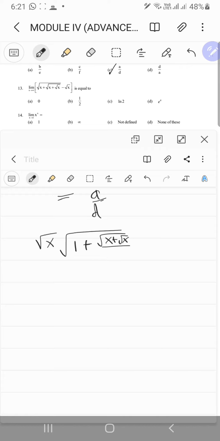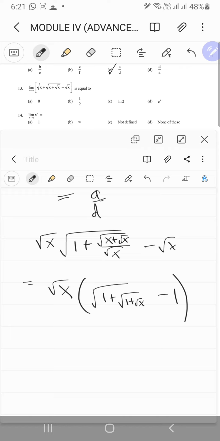Wait, is that correct? Yeah, so multiply by square root of x and divide by square root of x, so this should be correct. Minus the square root of x, which is square root of x into square root of 1 plus square root of 1 plus, so it should be 1 plus square root of x. I think that's correct. Yes. Okay. Minus 1. Okay, now what?